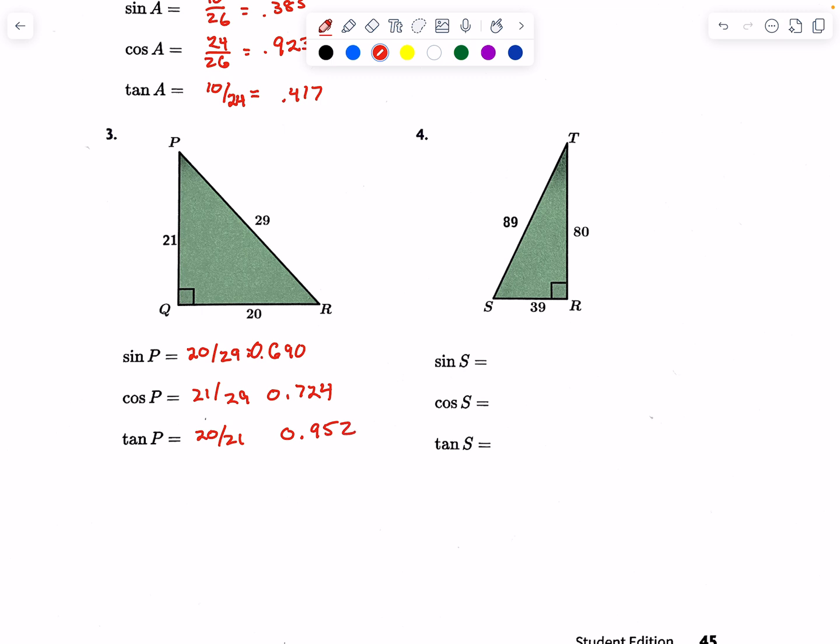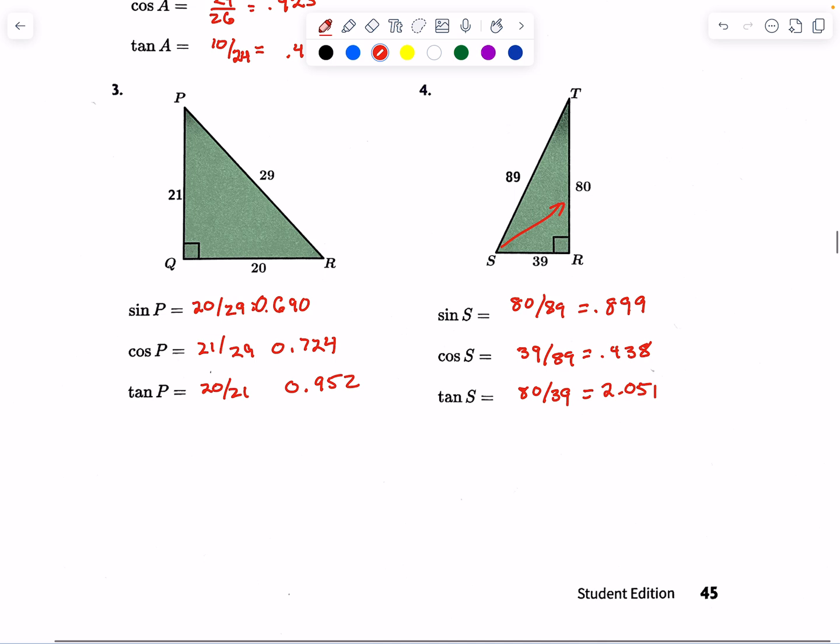Okay, for angle S, 80 is the opposite. And if tangent is more than 1, it's more than a 45-degree triangle.